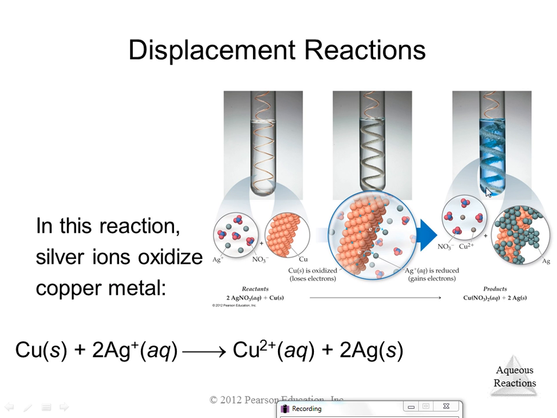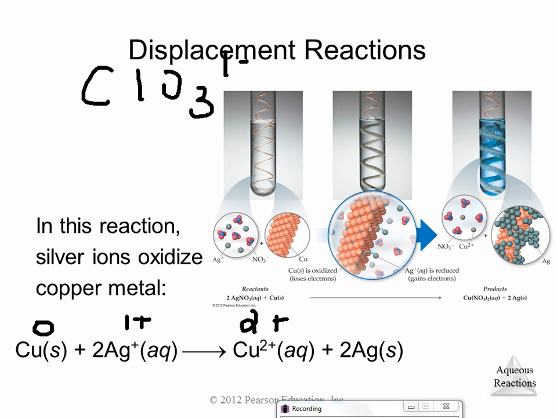Here's an example with copper and silver nitrate, and we're showing the net ionic equation with the nitrate spectators taken out. If we think about all of the oxidation numbers in this, copper would have an oxidation number of 0. Silver as an ion has its 1+ oxidation number. Copper has a 2+ oxidation number because it's the same as its charge.